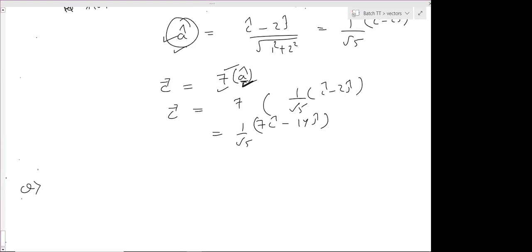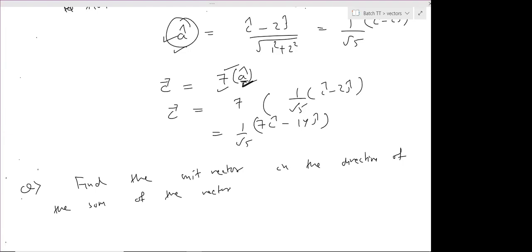Next question. Find the unit vector in the direction of the sum of the vectors A vector equals 2I cap plus 2j cap minus 5k cap and B vector equals 2I cap plus j cap plus 3k cap.